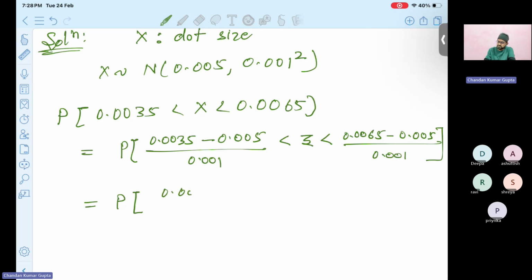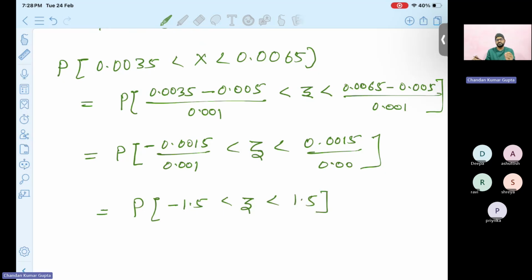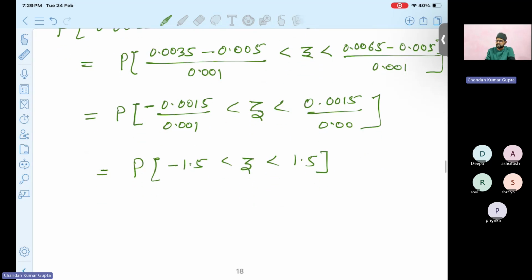After solving, you may find it's minus 1.5, and the other is 1.5. This is just a simple calculation. We have standardized the random variable x to z with values from minus 1.5 to 1.5.